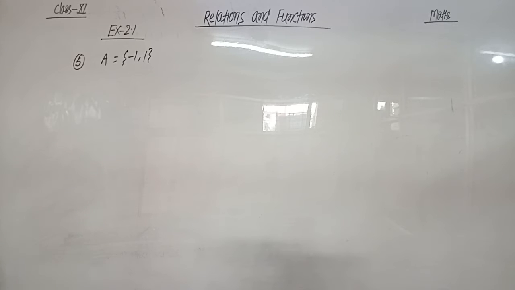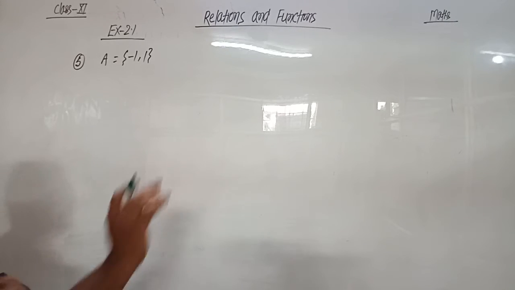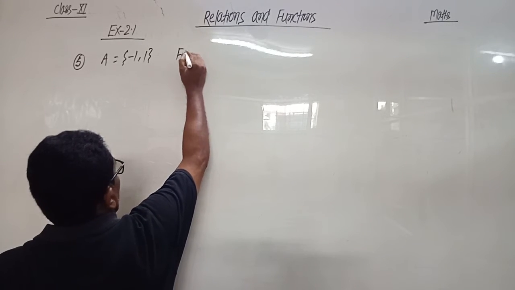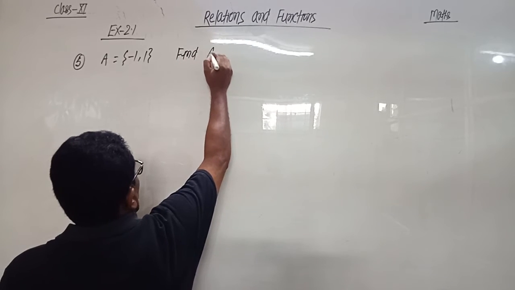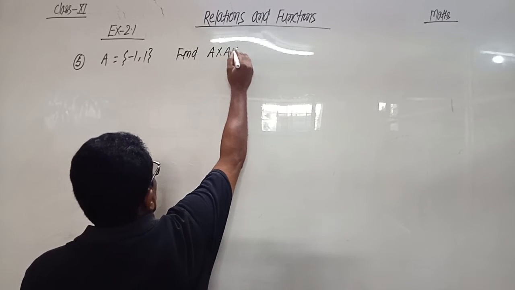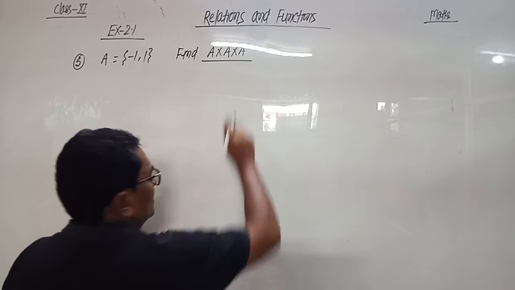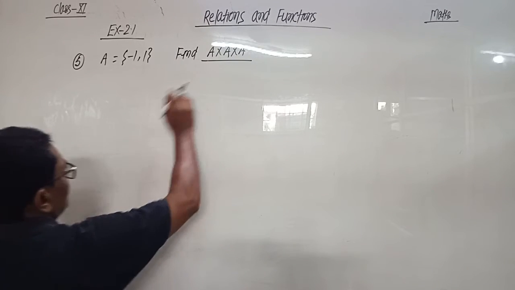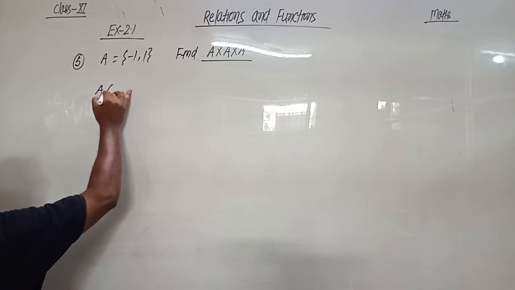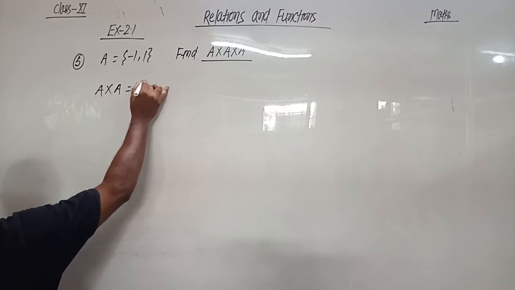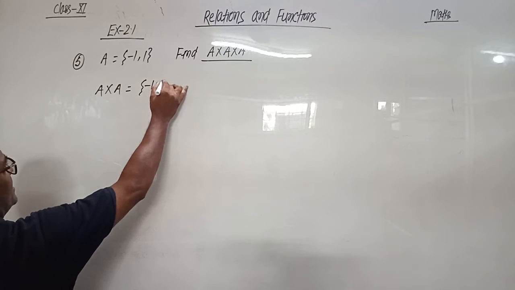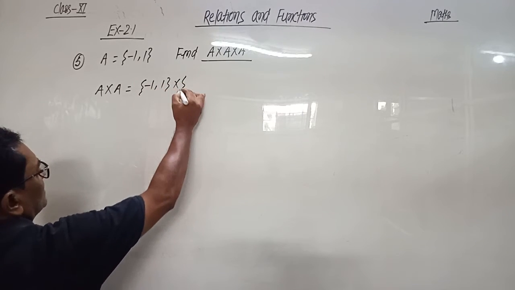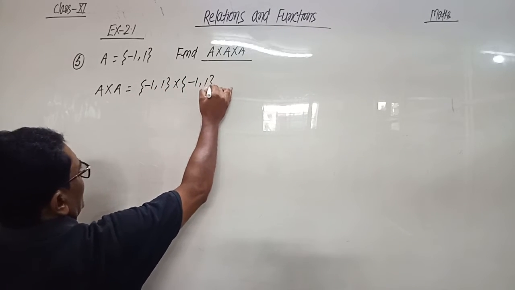We have been given set A. Find A cross A cross A. Set A is given and we have to find A cross A cross A. So firstly we will find A cross A. A is {-1, 1} cross {-1, 1}.